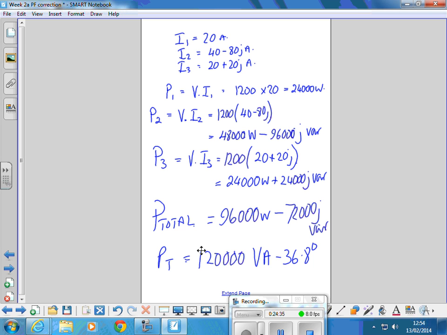It's always a number less than 1. The maximum it can be is 1, and you try and get it as close to that as possible. It's the percentage of how much power, or current, you're delivering from the motor that has actually been converted into real power in watts.